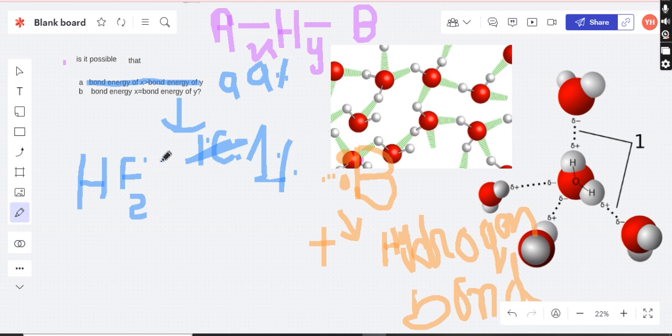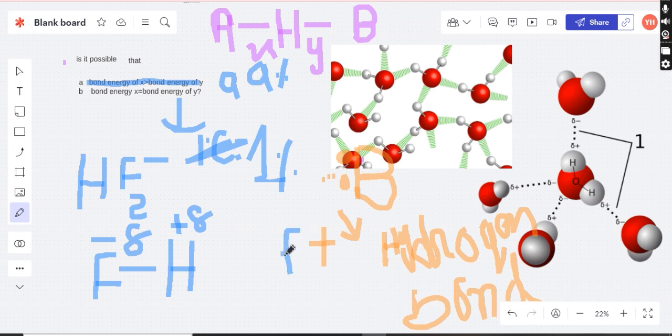What happens in this bonding? Let's discuss it. For example, fluorine, an electronegative element, is making a bond with hydrogen, which is electropositive in nature. Hydrogen gets a partial positive charge and fluorine gets a negative charge. There is one more fluorine with a lone pair.